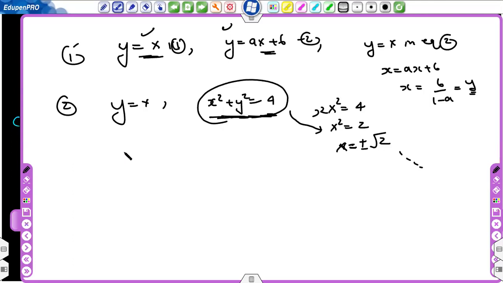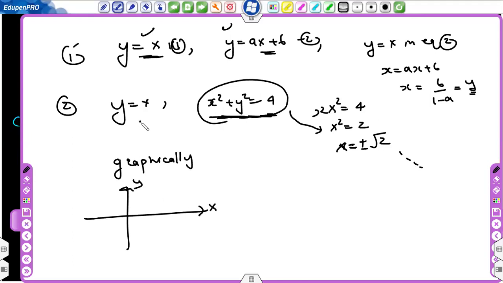The second method to solve this is graphically, which you might have done earlier. In this, you draw their curves. This is equation 1, so you draw a curve for equation 1. It is a straight line passing through the origin with slope 1, so this is y equal to x.